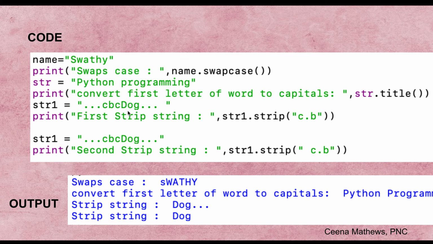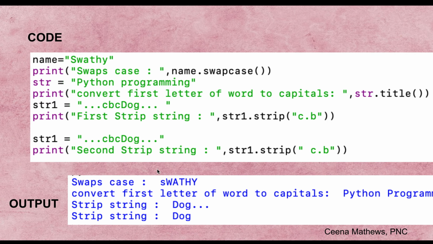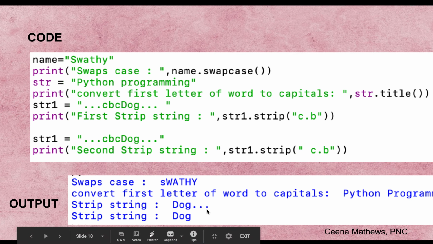Okay, but since we have a space after dot, and in this strip method I have not mentioned the space, the characters mentioned within quotes here will not be removed from the end of the string, whereas it removes the same characters from the beginning of the string. So you can see it prints, removing dots cbc in the front, dog is printed followed by 3 dots.